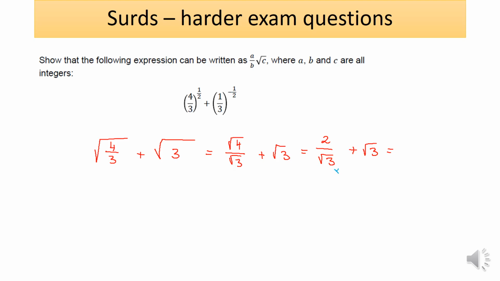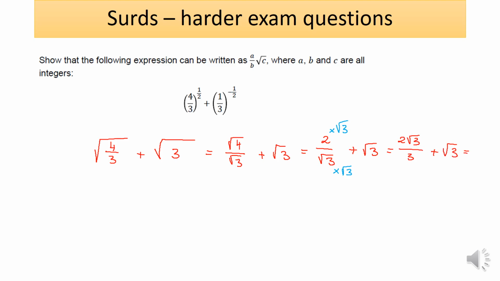So that's times root 3 times root 3, just to make sure I get rid of the surd. Now in my denominator, I'm going to have root 9, and I can square root 9, which gives me 3. So in my numerator, I have 2 root 3 over 3, and add root 3.